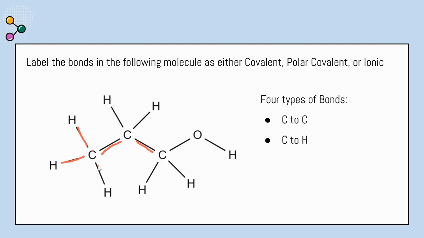We have a whole bunch of them. They're all over the place. Our third type of bond is carbon to oxygen, which is one of those here. And our fourth is oxygen to hydrogen, and we can see that over here on the right side. We want to label all of these as either covalent, polar covalent, or ionic to see how this molecule looks three-dimensionally.